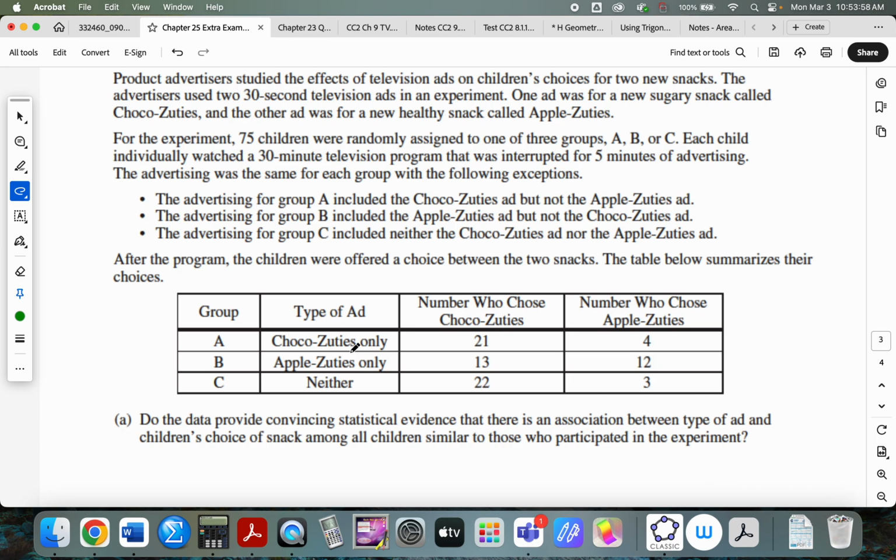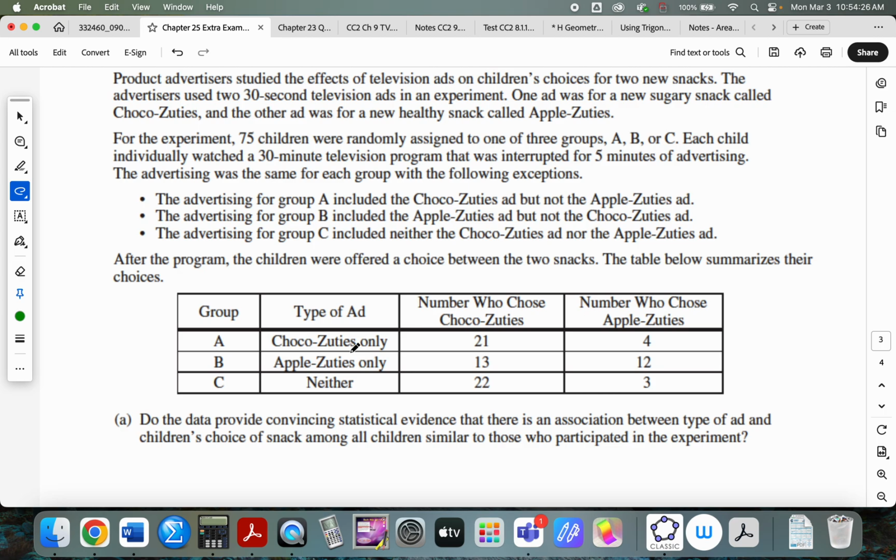One ad was for a new sugary snack called Cocoa Zooties, and the other was for a new healthy snack called Apple Zooties. For the experiment, 75 children were randomly assigned to one of 3 groups, A, B, or C. Each child individually watched a 30-minute television program that was interrupted for 5 minutes of advertising. The advertising was the same for each group with the following exceptions.